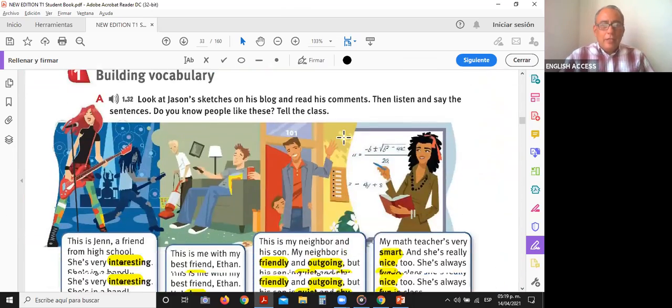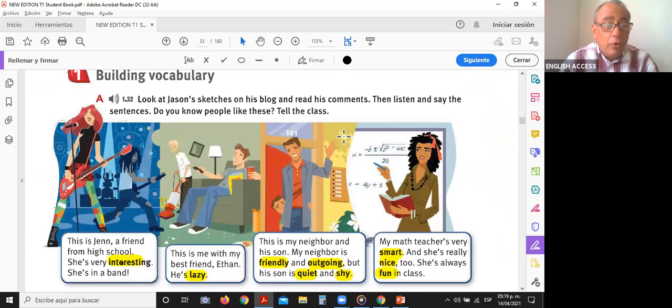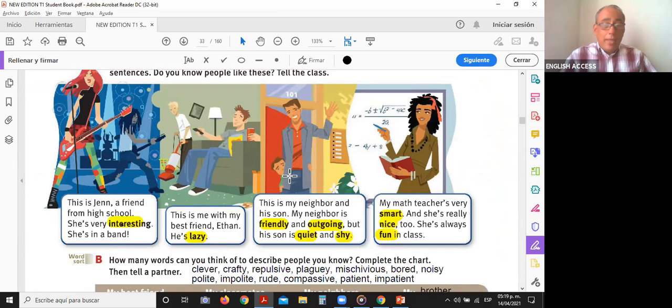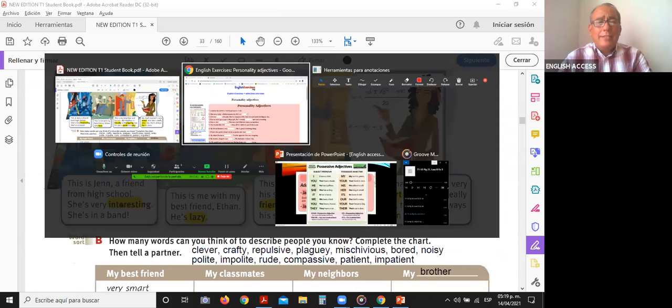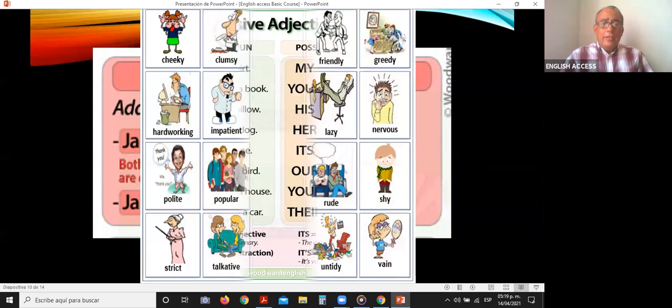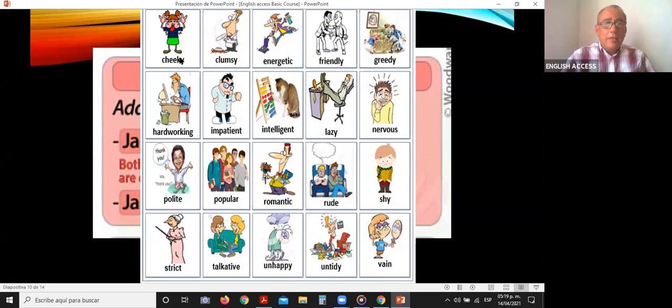After that, we learned about vocabulary for personalities, people's personalities. We learn about many adjectives like interesting, lazy, friendly, outgoing, and there are some more adjectives. Like these ones, cheeky. What means cheeky?